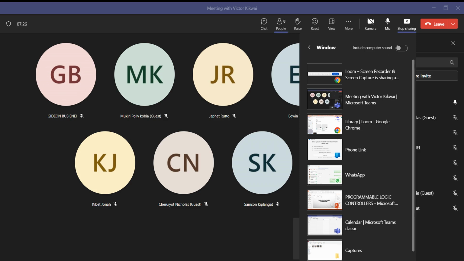Now let's look at the final module, the input output module. Anyone who can take us through the input output module?